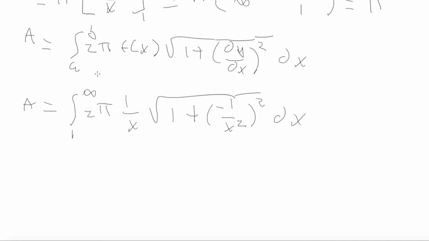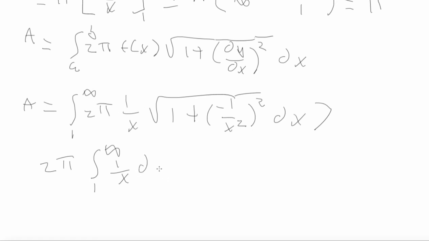We could just take the integral, so this is going to be greater than, just bring the 2 pi out front, 2 pi times the integral from 1 to infinity of just 1 over x. So we could just ignore this because this is just going to be increasing the y values of 1 over x. And if this right here goes to infinity, then we know that the surface area of Gabriel's horn also goes to infinity.